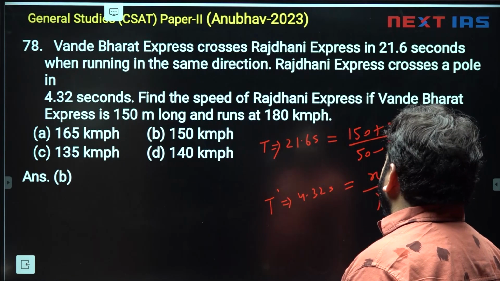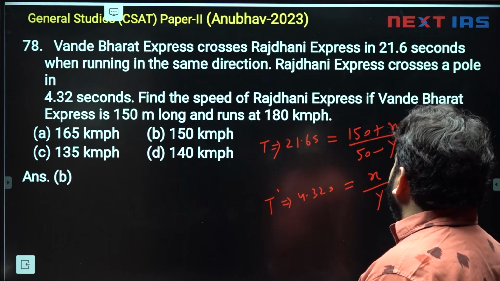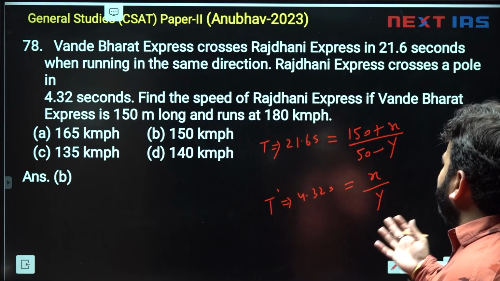Okay. So find the speed of the Rajdhani Express, you have to find out the speed, you just solve it.